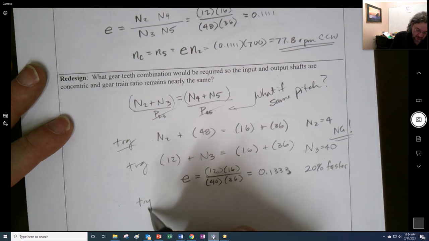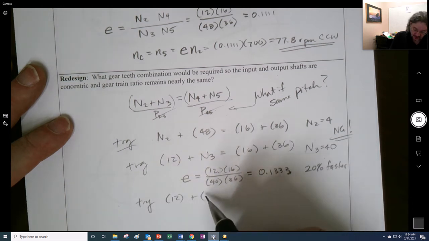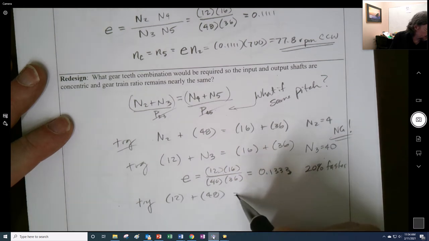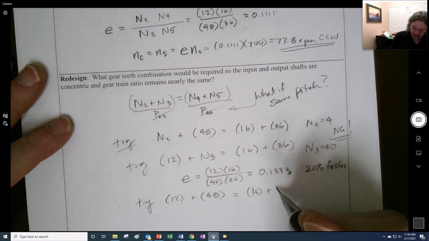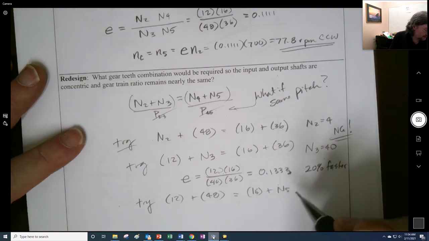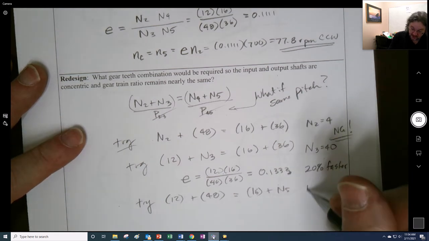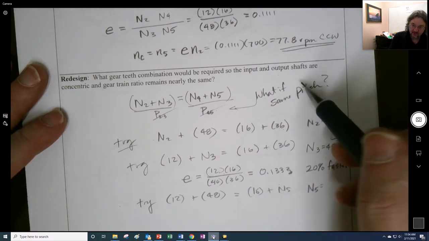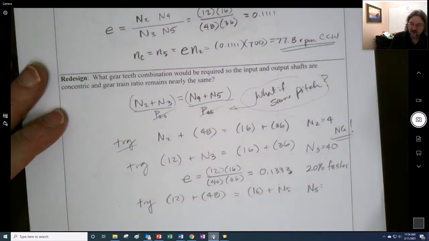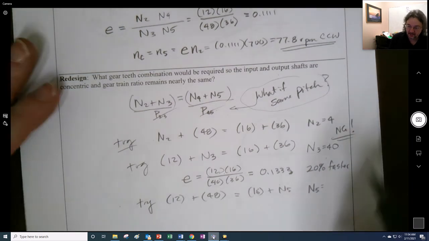We could also try to change the other stage gears. So let's use the original first stage here, and let's change what N5 is going to be. In order to get these to line up, we're making this assumption right here. That's another variable we could use to get this to match up.